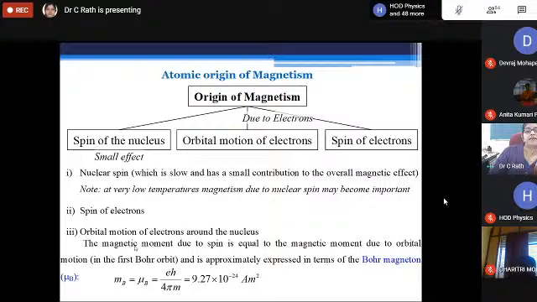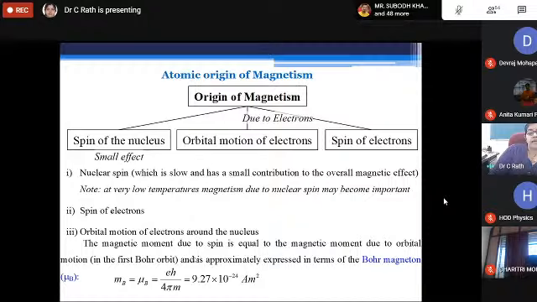Whatever the material may be, any kind of material, you always find this induced effect. Of course, that induced effect may be very small compared to your spin magnetic moment, but when there is no spin, that induced effect dominates over this intrinsic magnetic moment. On the basis of that, you have different kinds of magnetic material.